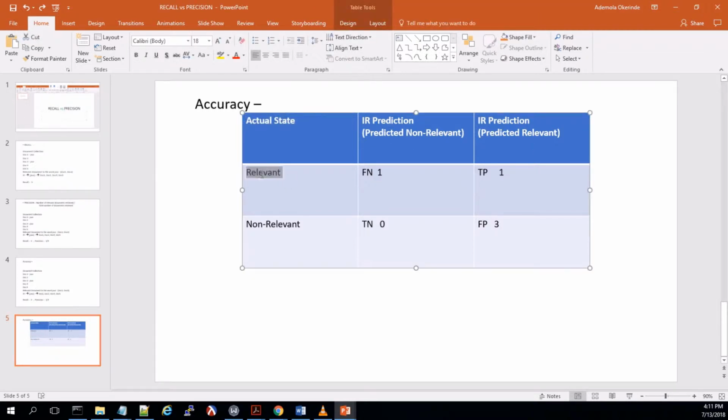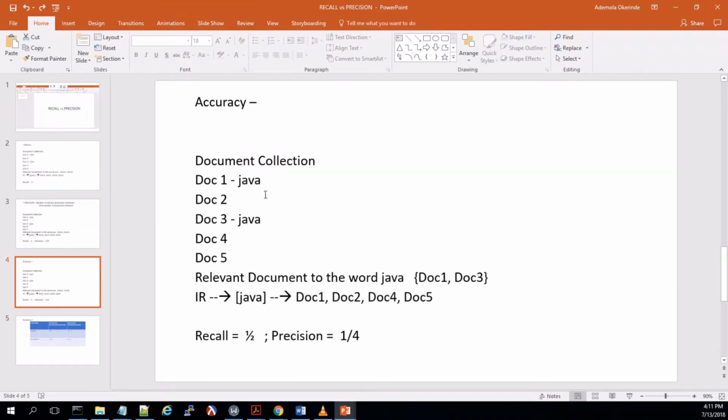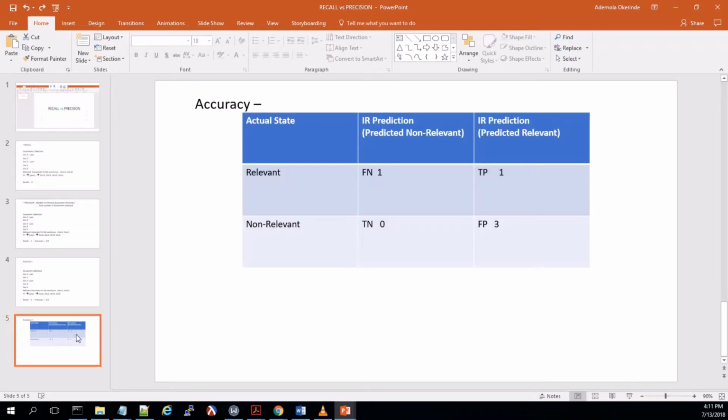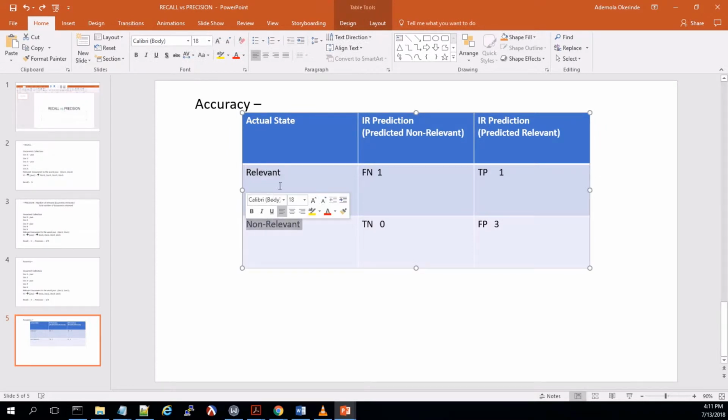The actual state is our human annotation judgment, which is the actual result that we expect. It can be either that the document is relevant or that it is not relevant. Sometimes you can say positive or negative.